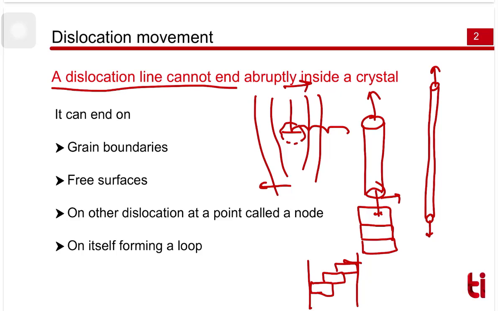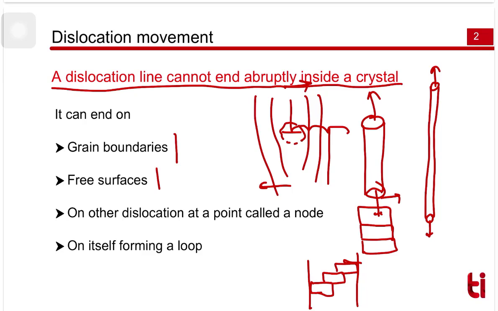Now it is written here: a dislocation line cannot end abruptly inside a crystal, but it ends at grain boundaries or a free surface. If it comes to a free surface, it is no more a dislocation. Or it ends on another dislocation at a point called a node, or on itself forming a loop.